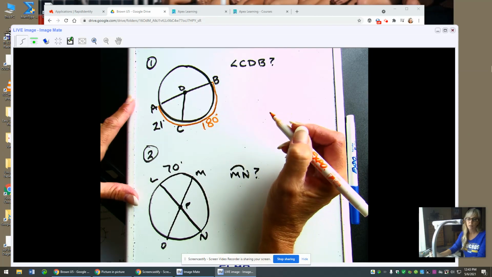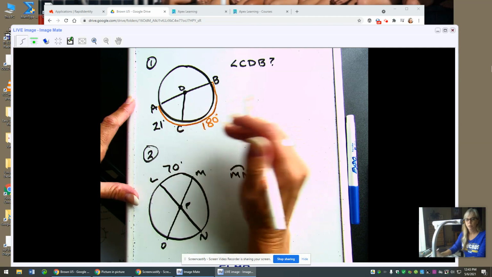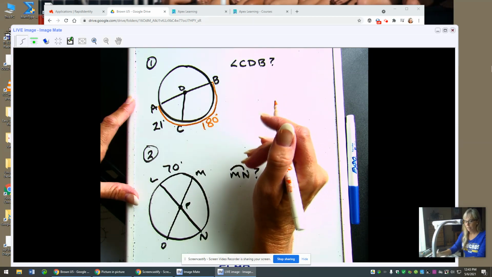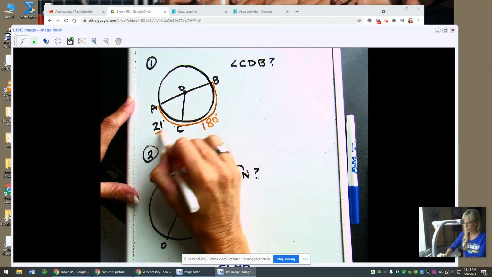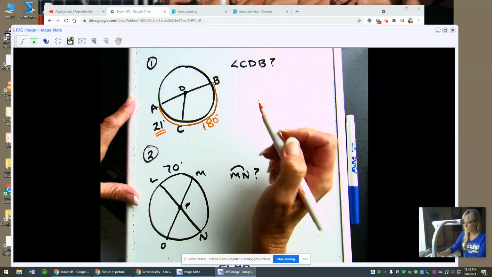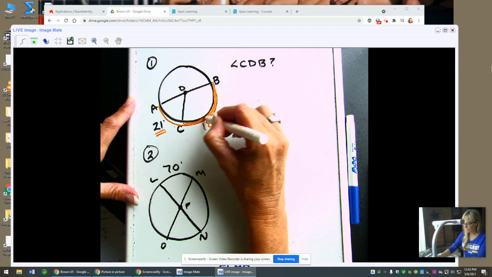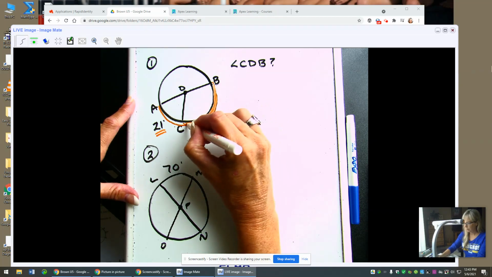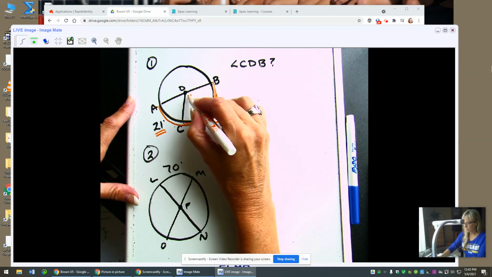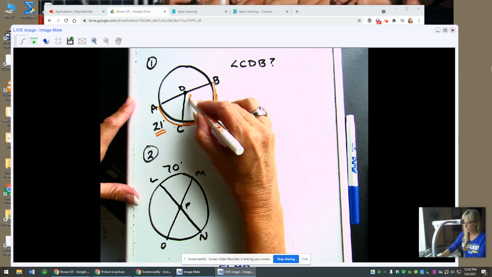The semicircle is what the diameter helps to create. So we can take that whole thing, the 180, and take away this part to find this arc. And then we also know that the central angle is equal to the arc. So that's the game plan.